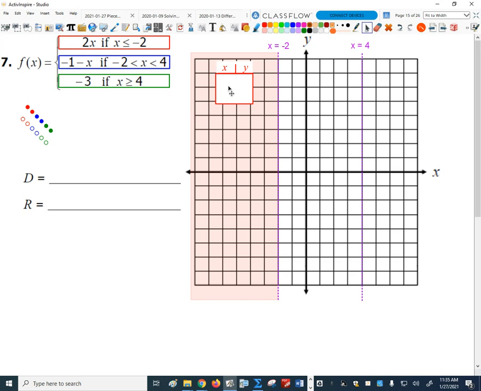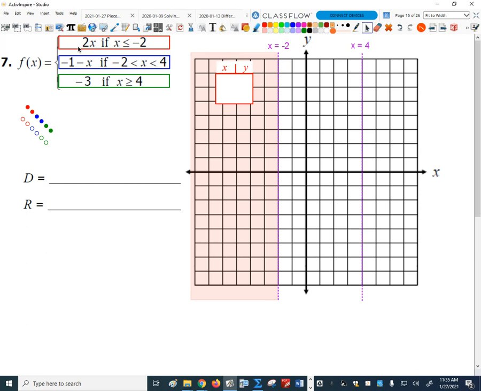Okay, so if I want to pick 2 points to graph the red ray, I probably want to know where it is when I'm at the boundary, don't I? I guess I don't need to, but it's smart to include it. I should include the value negative 2, so I know where the red piece bumps into the boundary.